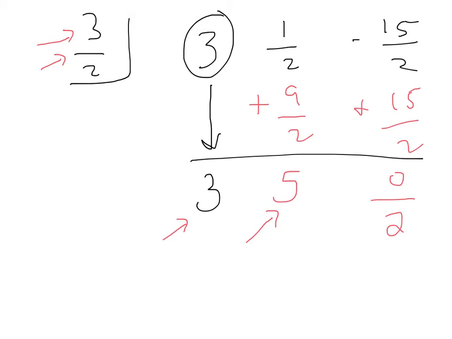So when you've completed the synthetic division, your answer will come out to be this bottom row, and it's going to come out in descending order. Right? So I'm going to work from right to left, so I'm going to write in my coefficients for my answer in ascending order, but when you read it, it'll come out to be descending order.